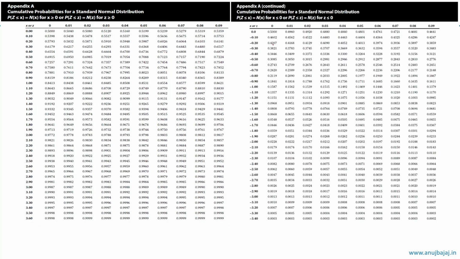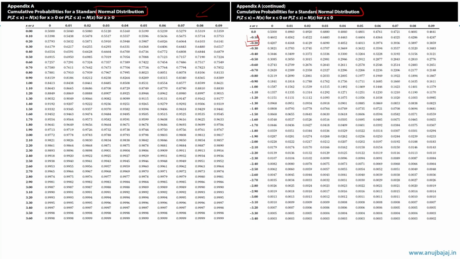This is a table to identify percentage of observations lying below negative standard deviation. So this table can be interpreted in the same way as we interpreted this table. And strictly this table is only for normal distribution. If we have skewed distribution, if we have any different kind of distribution, then we cannot tell with certainty what percentage of data lies below a particular standard deviation.